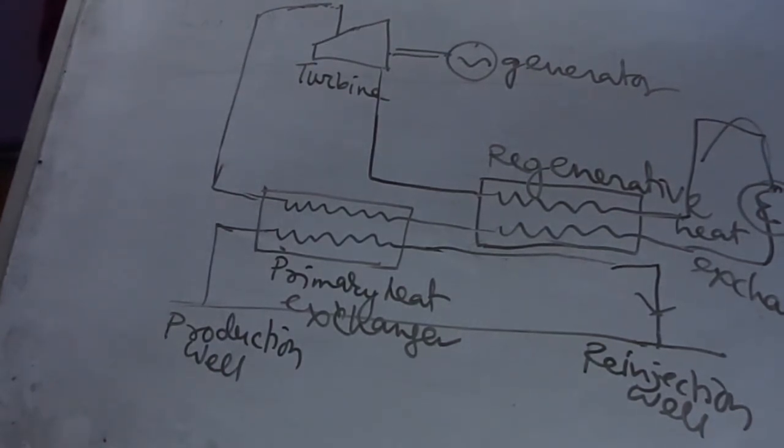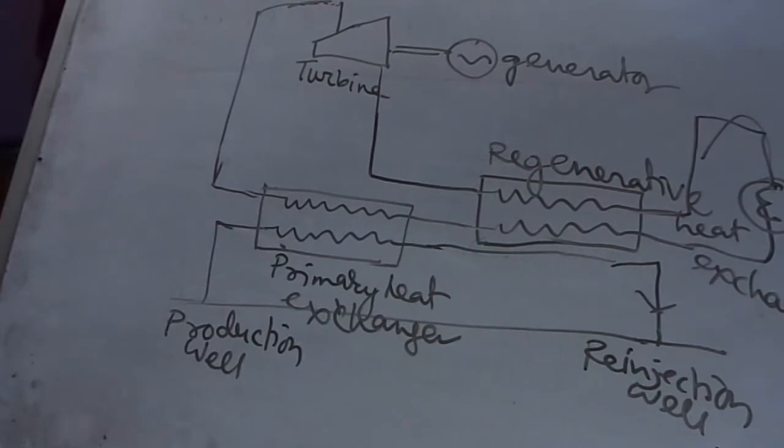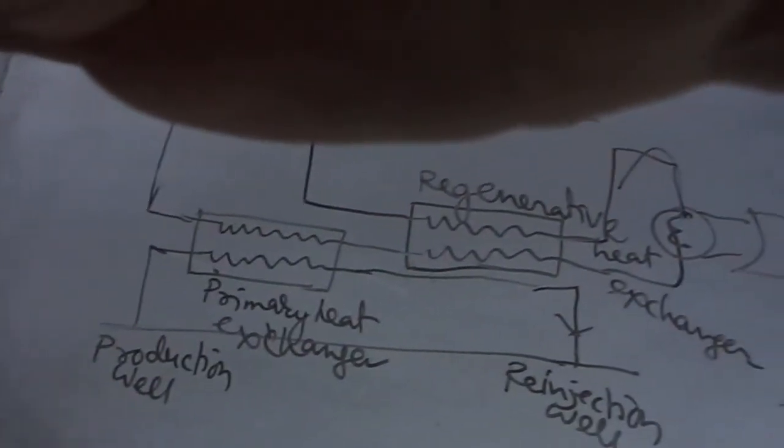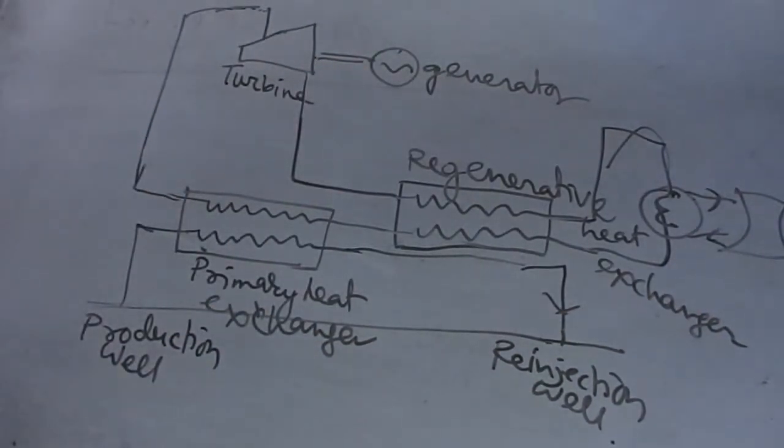These plants do not produce any steam condensate, and have to rely on an external source for cooling water or air cooling. So here is the air cooling water. If you follow this arrow, outside, this arrow, cooling water. The geothermal fluid is re-injected after extraction of heat.